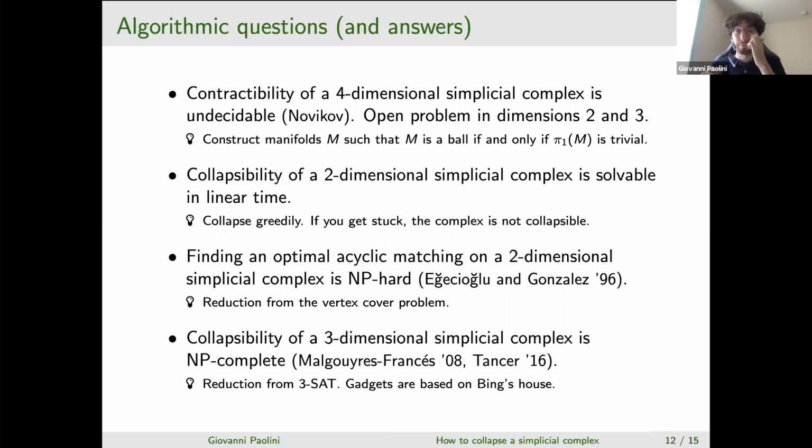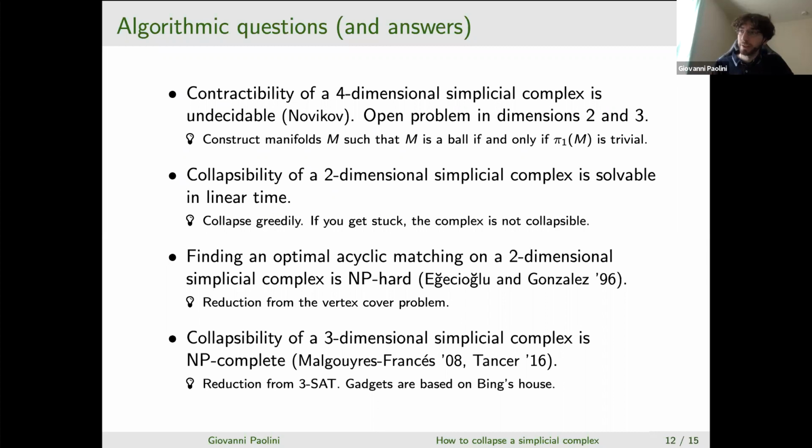This is also NP-complete. And in fact, it was proved a couple of years earlier. So to summarize this slide, going from two-dimensional to zero-dimensional is linear-time solvable. But going from 3 to 1 or 3 to 0, it's NP-complete.